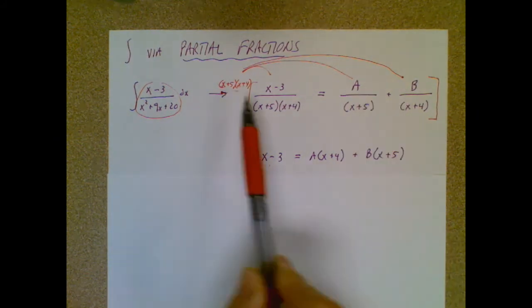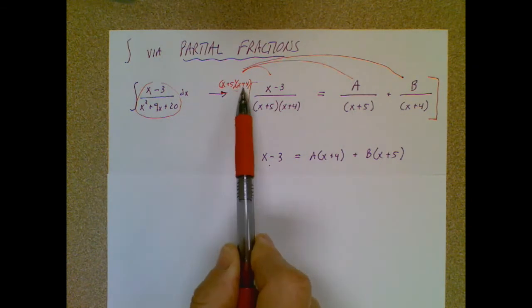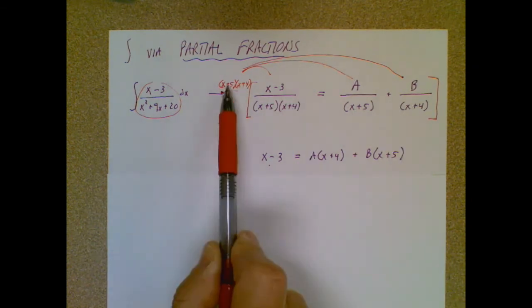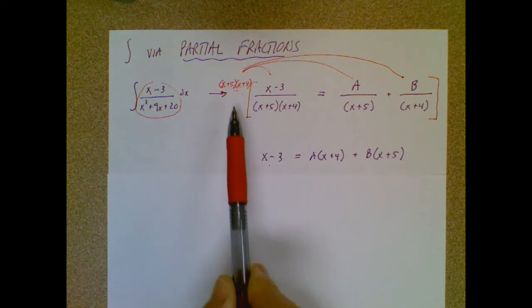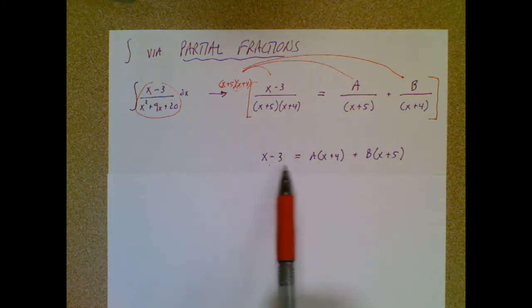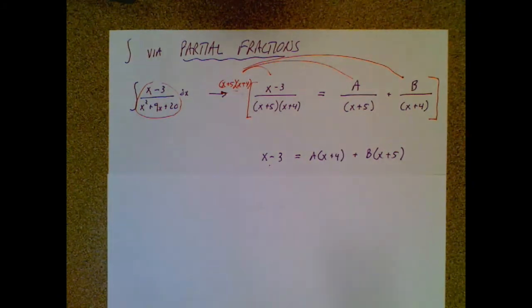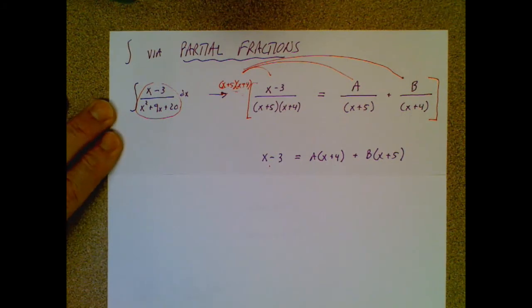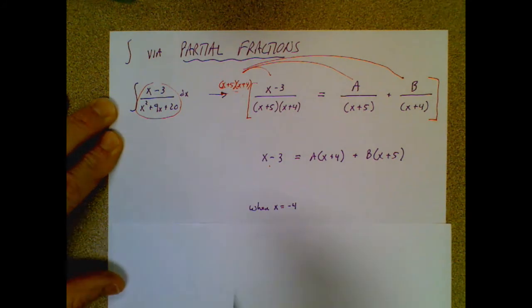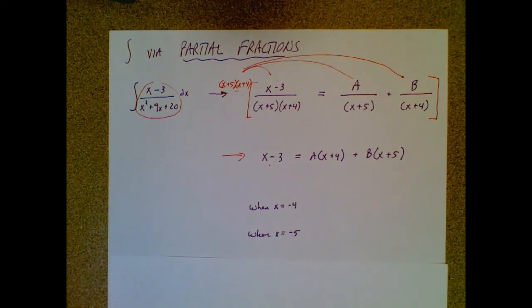This times this term, the x plus 4, numerator, denominator, numerator, numerator. So using that algebra technique, I now get this. You got to wonder why we're doing this, but it's all going to become evident. All right, so now at that point, I have a new equation I'm working with, and I'm going to do this kind of like an algebra trick.